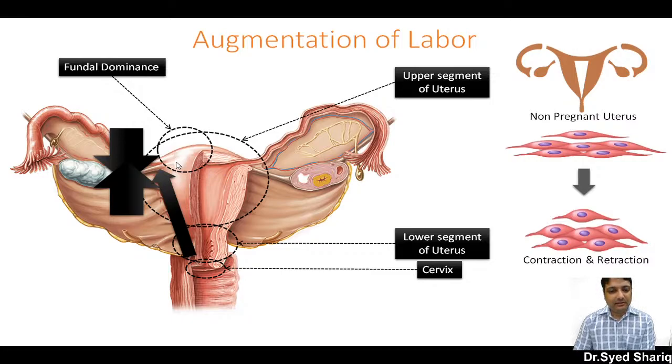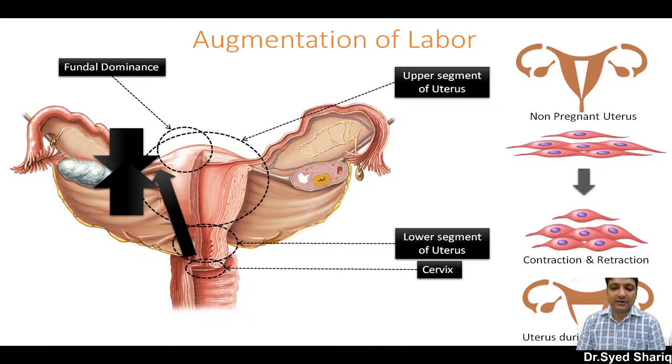So the cervix and the lower segment get pulled up towards the fundus in both directions, and therefore the opening of the cervix becomes larger, so that the fetus can be brought out from the birth canal. So this is basically what is happening here.